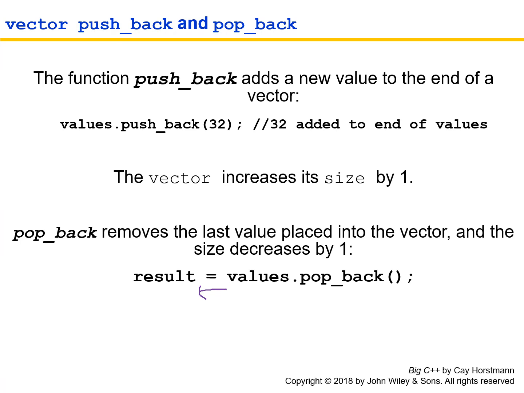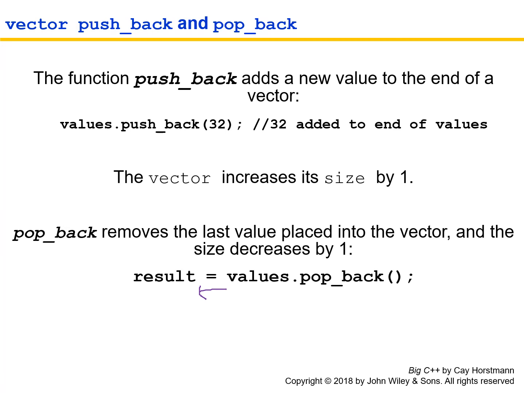You can use pop_back without assigning the value to a result, but then you just lose the value forever. It removes the value. When you push back, the vector increases its size by 1. When you pop back, the vector decreases its size by 1.